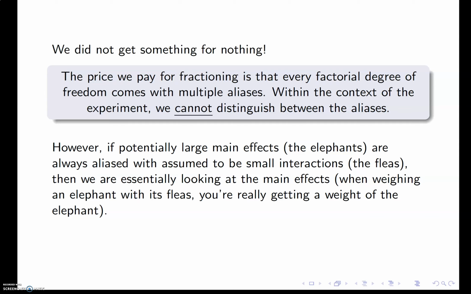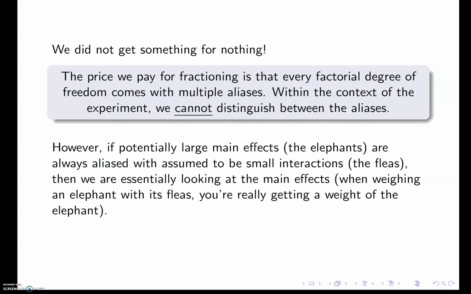So we get something by using fractional factorials, but we also have to pay something, okay? The price we pay for fractioning in a 2-series design is that every factorial degree of freedom comes with some aliases. Depending on the degree of your Q, you get more aliases. Notice when the degree of the Q was 1, we had 2 aliases, so 2 to the 1.